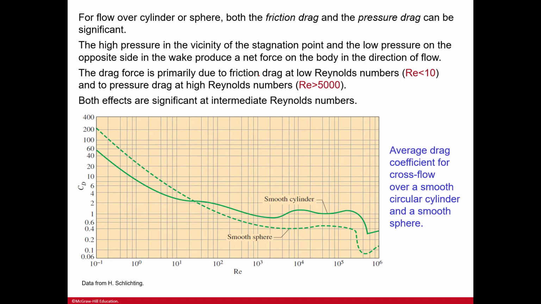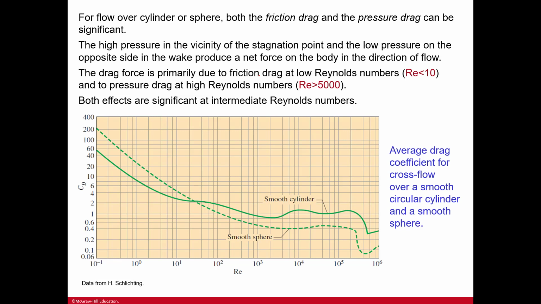For flow over a cylinder or sphere, both the friction drag and pressure drag can be significant. The high pressure in the vicinity of the stagnation point, where there's no movement, and the low pressure on the opposite side in the wake produce a net force on the body in the direction of the flow. The drag force is primarily due to friction drag at low Reynolds numbers, less than 10, and to pressure drag at high Reynolds numbers in excess of 5,000.